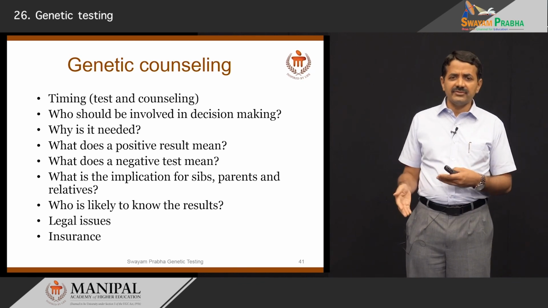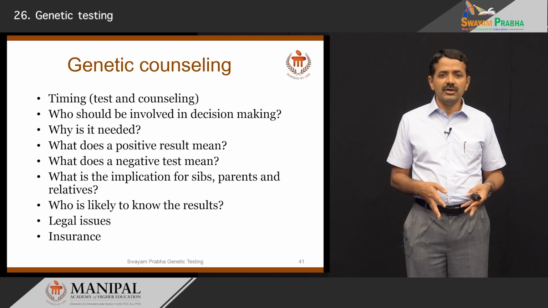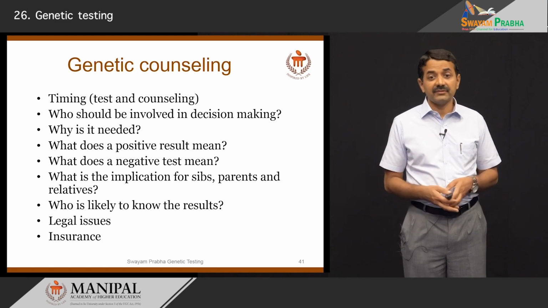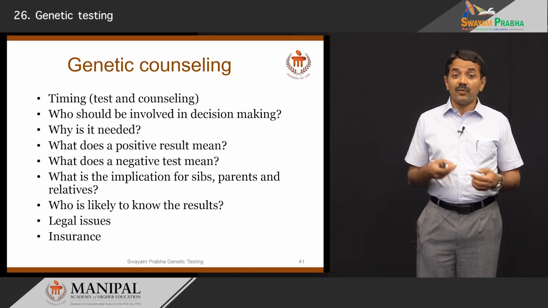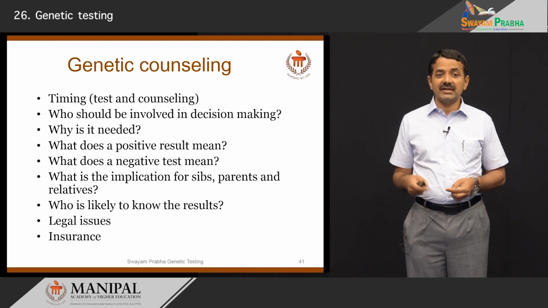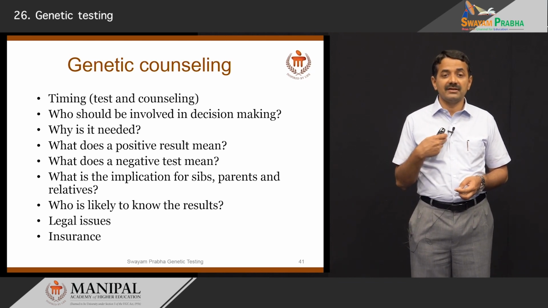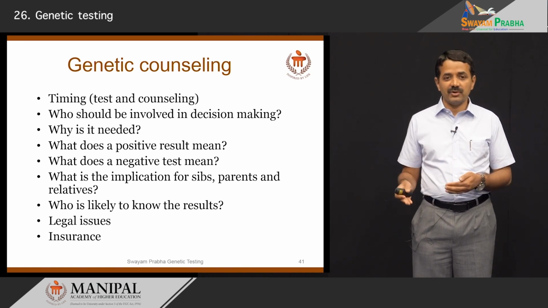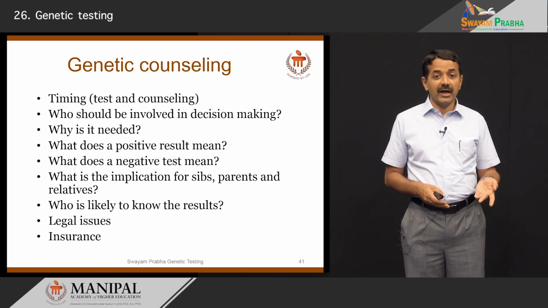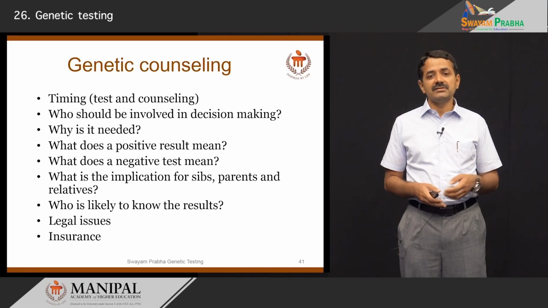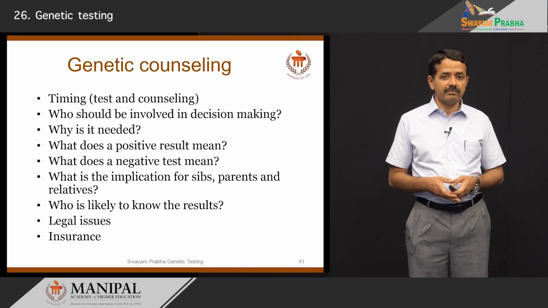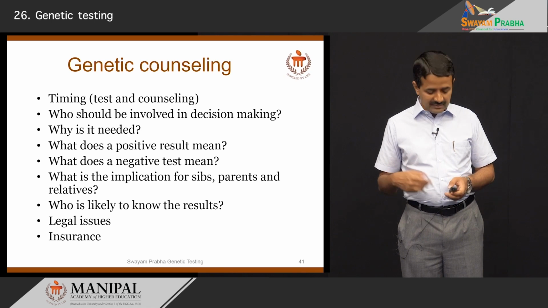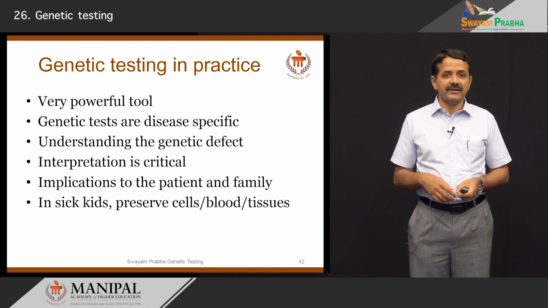Many times we see negative tests as reassuring, which is not true. A negative test often indicates that we have not identified a cause. What is the implication for siblings, parents, relatives? There are a lot of ethical and legal issues, and who is likely to know the result, whether a spouse or parents, and even where insurance plays a role in payment of the test. We need to consider these things before ordering.